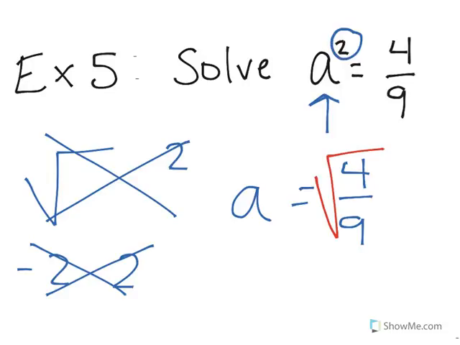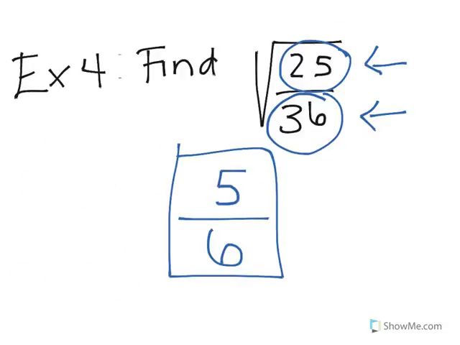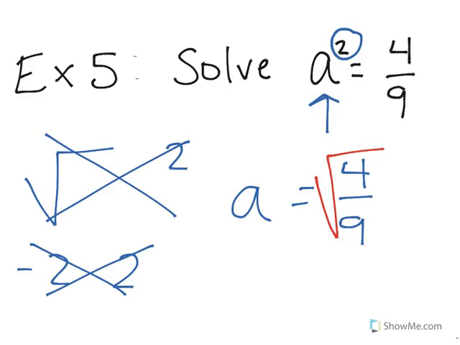Now we're back to what we did back here. We just have to find the square root of 4/9. What two of the same numbers multiply to make 4? Well, I know 2 times 2 equals 4. And what two of the same numbers multiply to make 9? I know 3 times 3 is 9. So I know a has to equal 2/3.